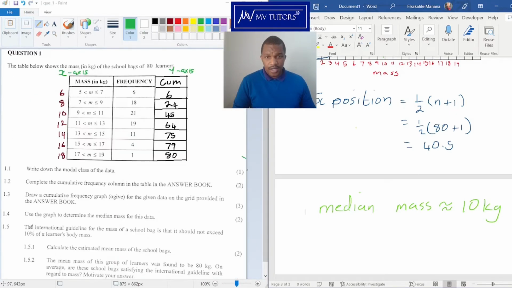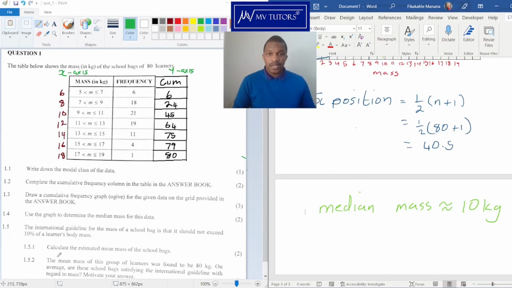It says the international guideline for mass of a school bag is that it should not exceed 10% of a learner's body mass. So that means that if a person weighs 100, the bag should not exceed 10.